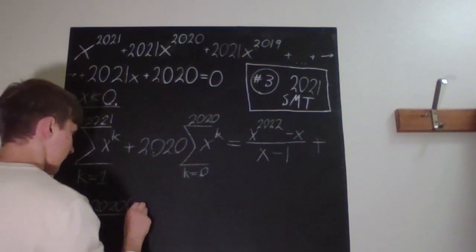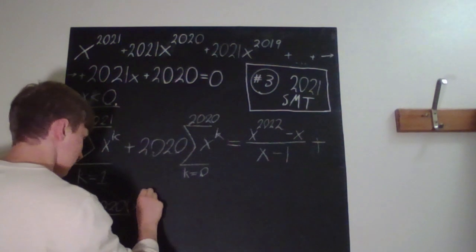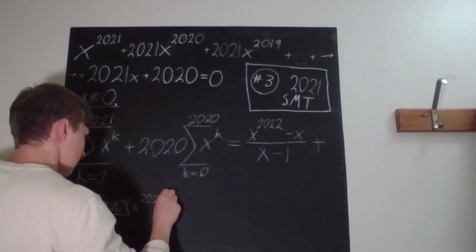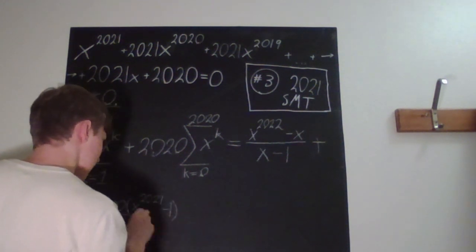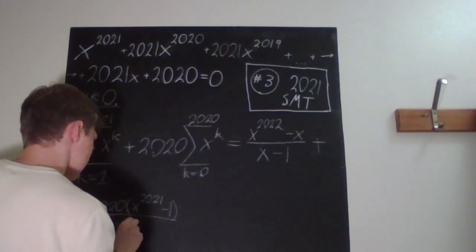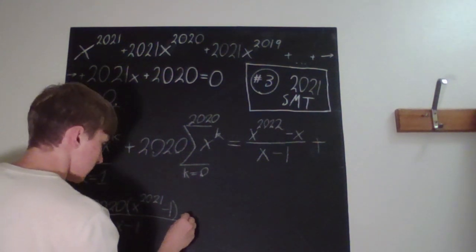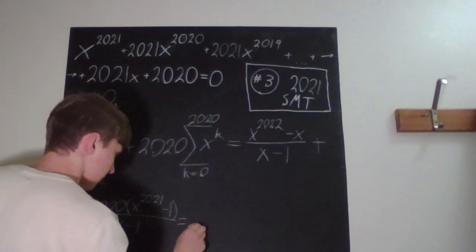So it's x to the power of that plus 1, so that's 2021 minus 1 over x minus 1. And this is supposed to be equal to 0.